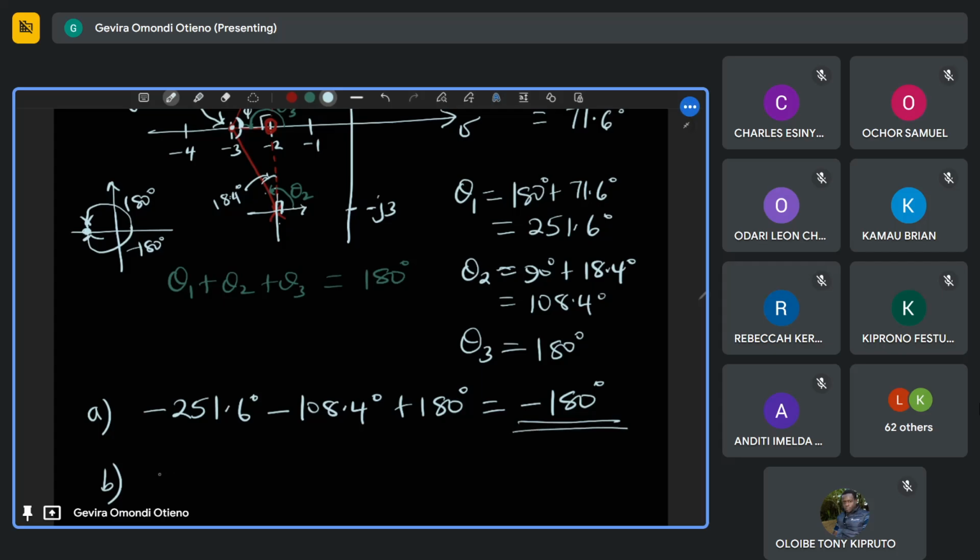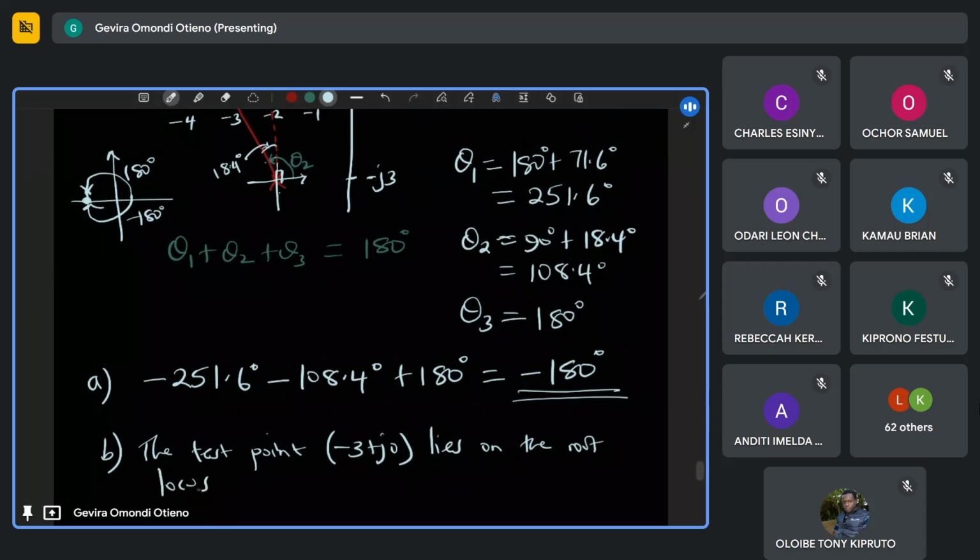For the solution to part B, you say the test point minus 3 plus j0 lies on the root locus, since it meets the angle condition.